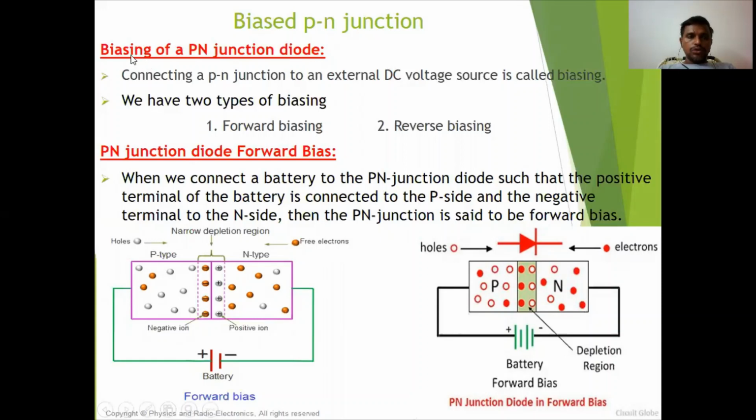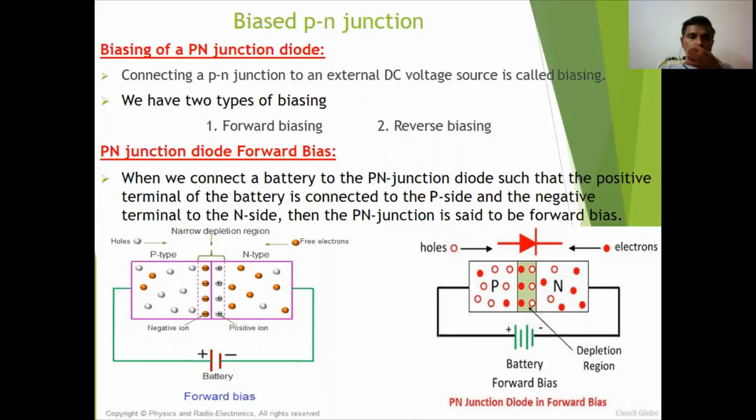Biasing of a PN junction diode: biasing is nothing but applying external DC voltages to a semiconductor device. But here, biasing of a PN junction diode is nothing but connecting a PN junction to an external DC voltage source.